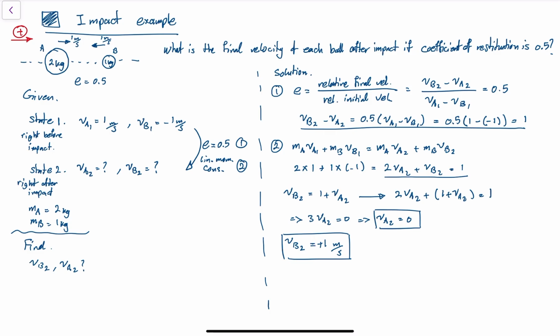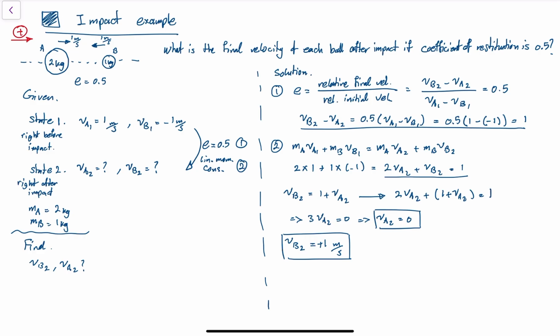So that is a happy coincidence that after the impact, A stays stationary, so B has essentially enough momentum in it to fully stop A, and in this process it is bounced back with a velocity equal to 1 meter per second.